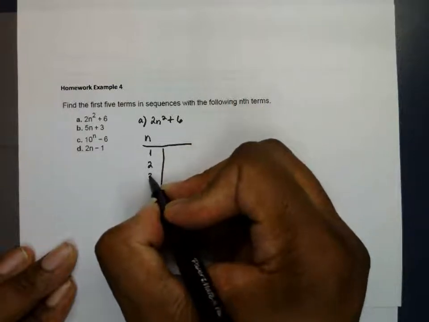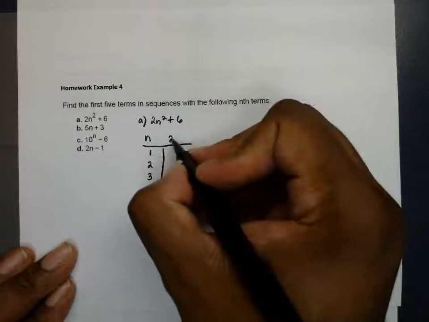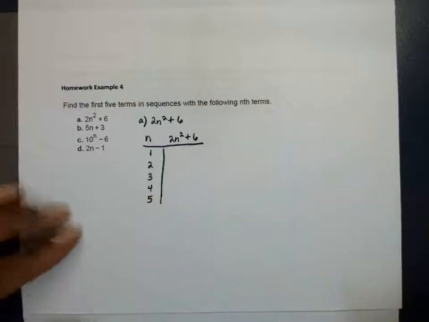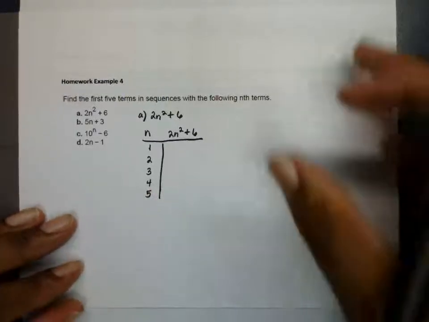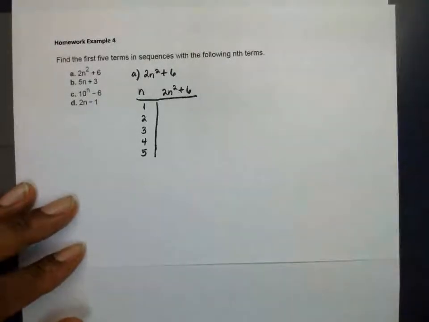So I'll list n being from 1 to 5. What that means here is I take the value of n, square it, multiply it by 2, and add 6 to it.